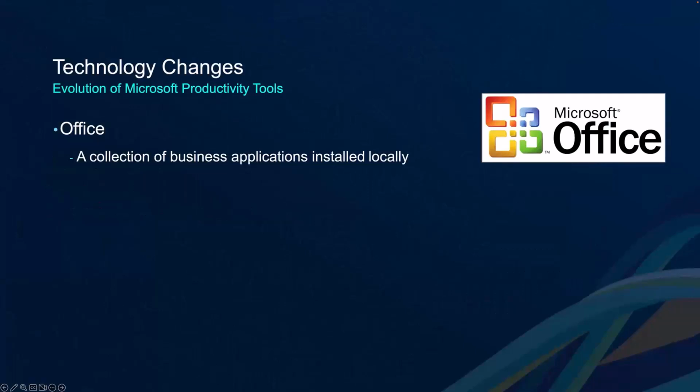So, as everyone knows, the Microsoft suite of productivity tools has continued to evolve as technology has progressed. In 1998, Microsoft Office started as a collection of installable applications bundled together as a suite of productivity applications.